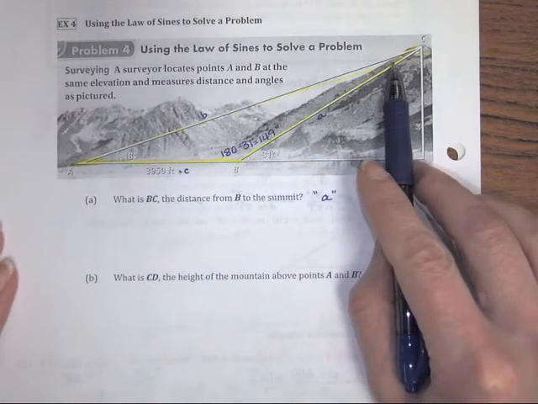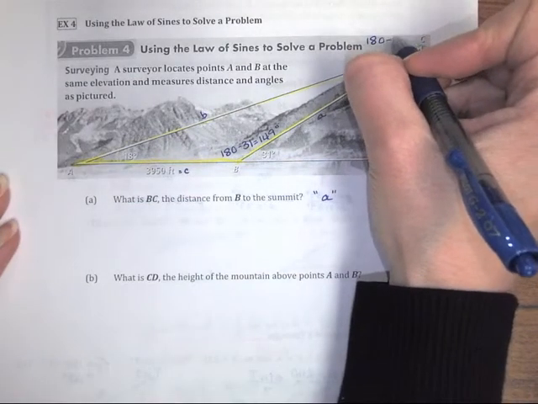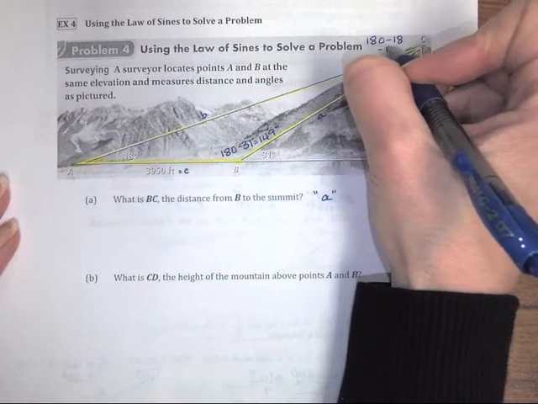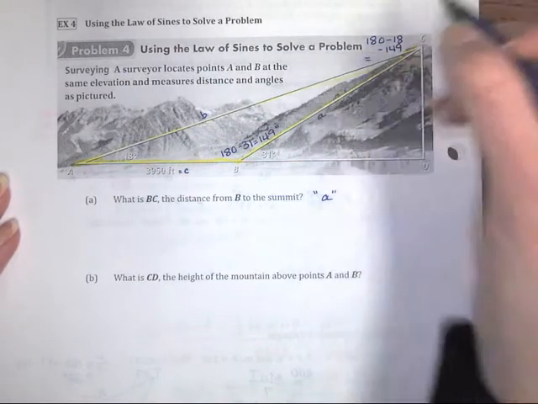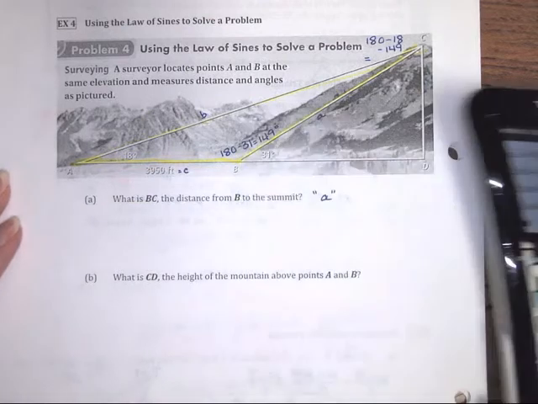Is that a possibility from what we have? Yeah, okay. So angle C, 180 minus 18 minus 149 equals 13 degrees.